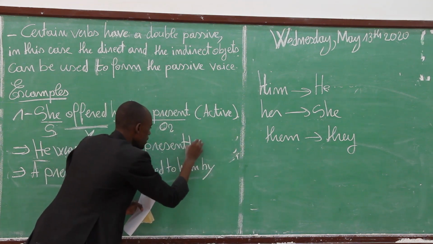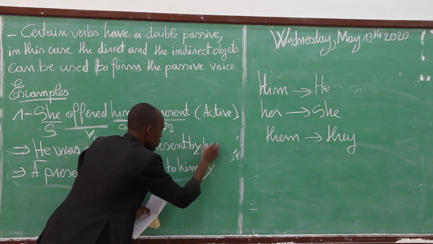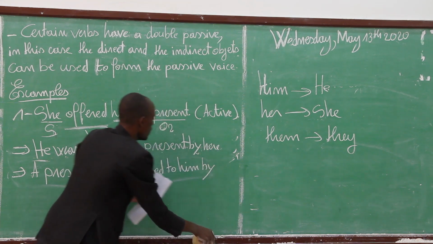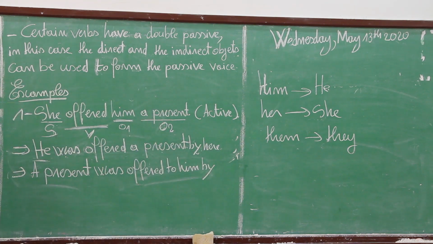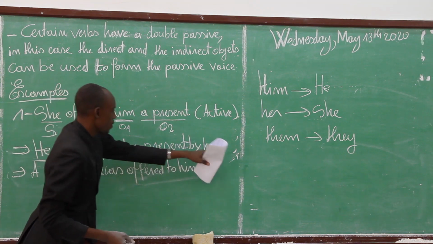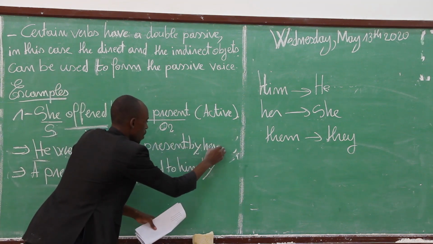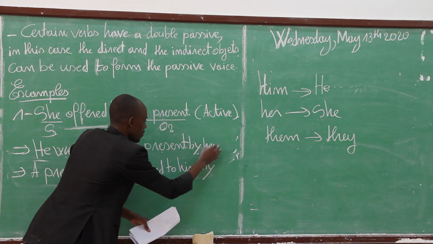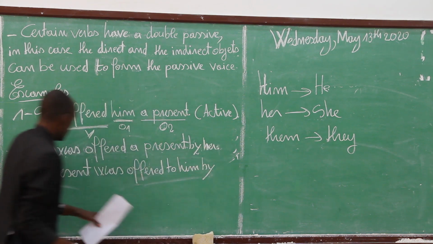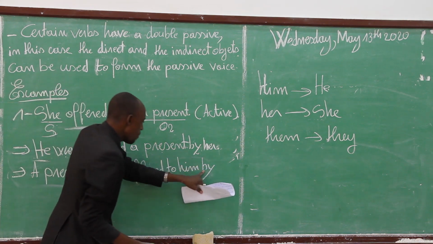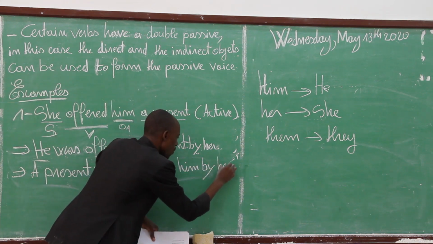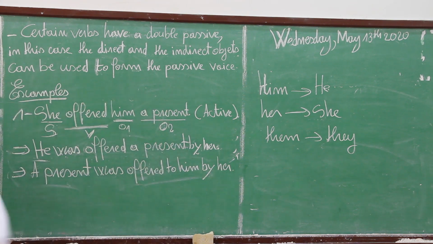It is optional. By her, active, passive voice. You can delete it or you can use it, it is according to you. He was offered a present by her. And here we have: a present was offered to him by her. This is the second possibility.